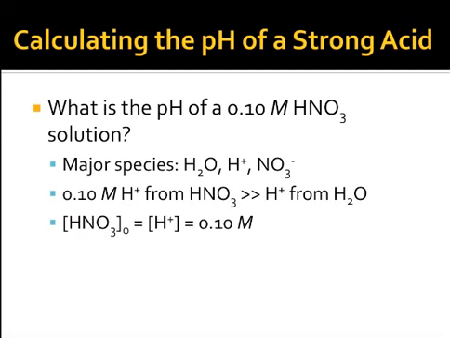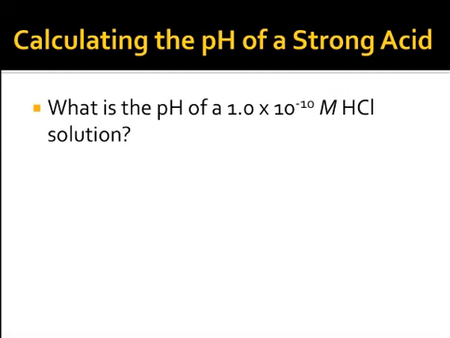The strong acid produces 1 mole of hydrogen ion from each mole of nitric acid, so the hydrogen ion concentration of the solution is 0.10 molar. That makes the pH of the 0.10 molar nitric acid solution equal to 1.00. How would you approach solving this problem and calculate the pH of 1.0 times 10 to the negative 10th molar hydrochloric acid?